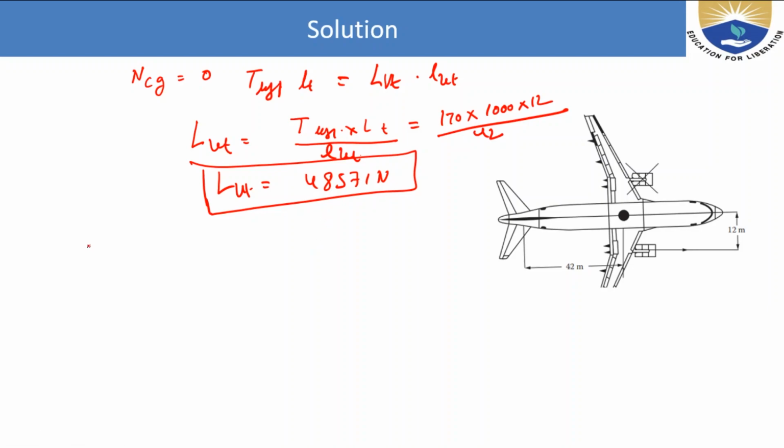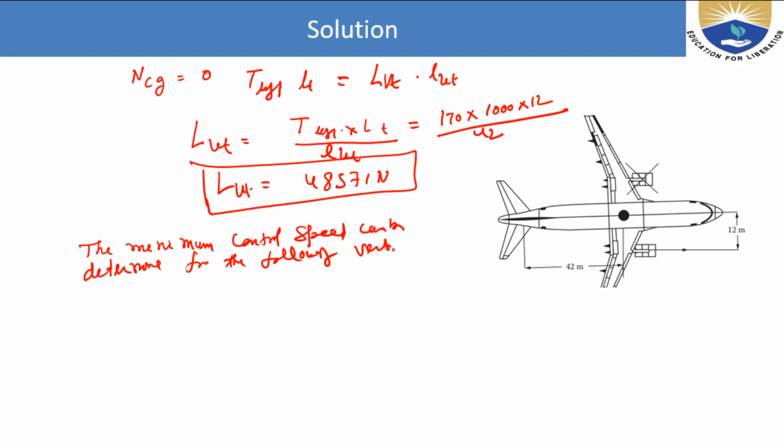The minimum control speed can be determined from the following vertical lift equation.